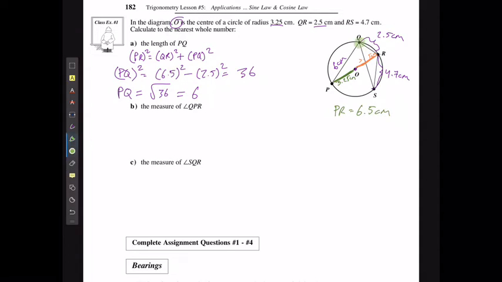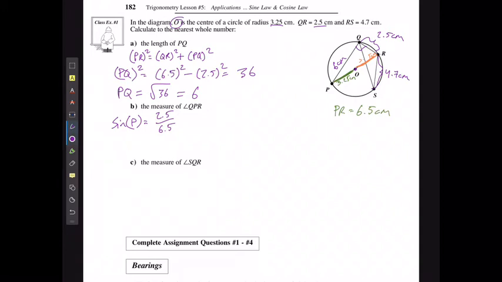So if I go from Q to P to R, I'm looking for angle P. Well, in this case, I can say that if I have sine of angle P, it's going to equal P's opposite, because I know this is still a right angle triangle, 2.5 divided by the hypotenuse, which is going to be 6.5.